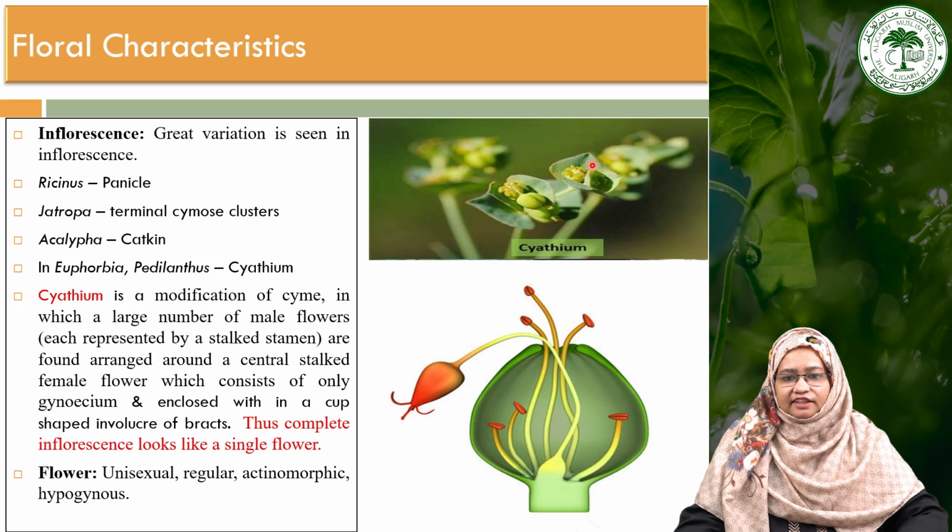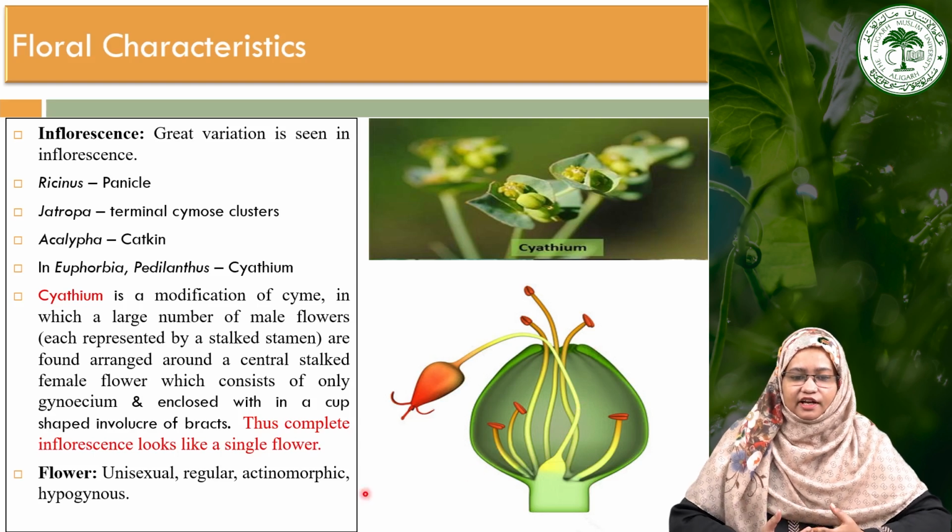So this is the cyathium inflorescence, which is particularly present in the Euphorbia and Pedilanthus genera. So this is the complete inflorescence: involucre bract, female flower, male flowers. It looks like a single flower, but it is a modified type of inflorescence, that is the cyathium, which is a modification of a cyme type of inflorescence.